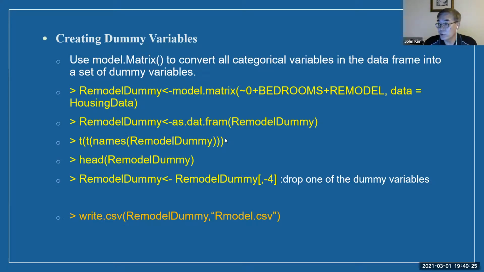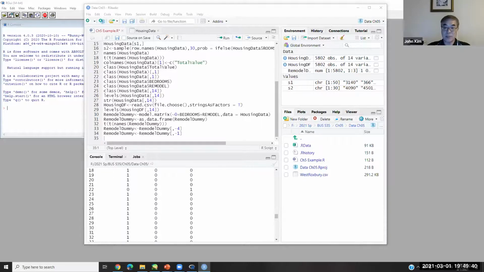If you want to save the file, we made the remodel dummy data set. Save it as CSV using write.csv. Save the data set we made as remodel.csv. So I will do that.